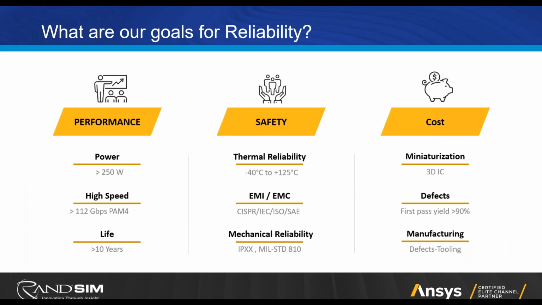So what are our goals for reliability? So you can think of there being three major pillars that are desirable to attain. First, you have your performance, then you have safety and cost, with safety probably being the most important. So safety, of course, you don't want to harm anyone with your design. It's pretty self-explanatory.